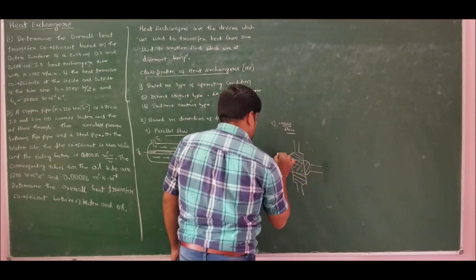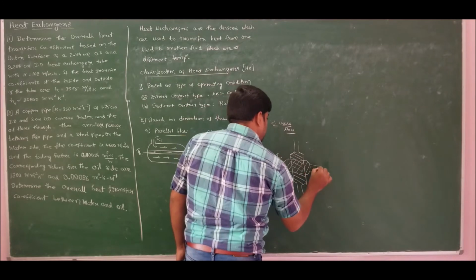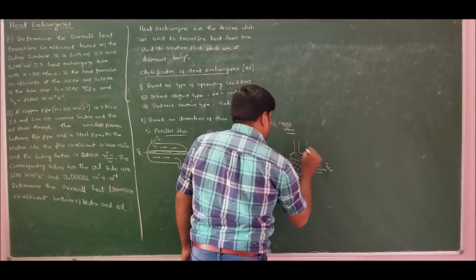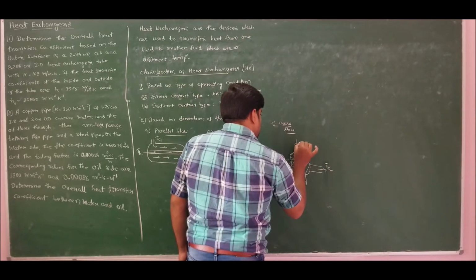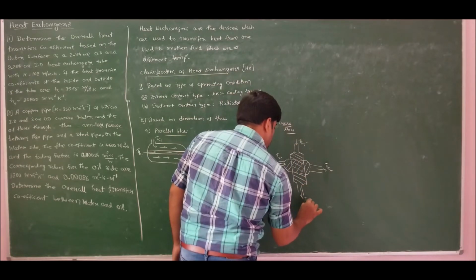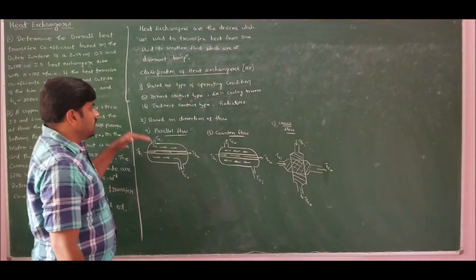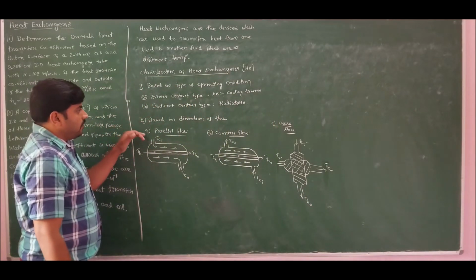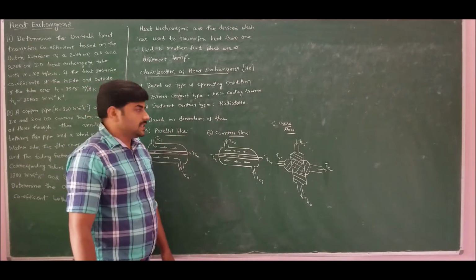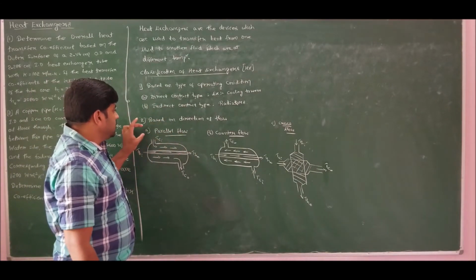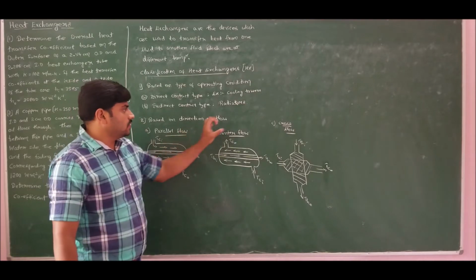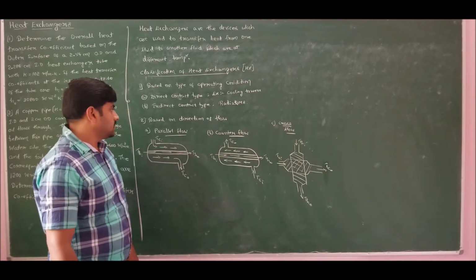Let us have the cold fluid inlet here and cold fluid outlet here. Let us have hot fluid inlet and hot fluid outlet. So these are the flow path arrangements in parallel flow, counter flow and cross flow heat exchangers. Based on direction of flow, the heat exchangers are classified as parallel flow, counter flow and cross flow heat exchangers.